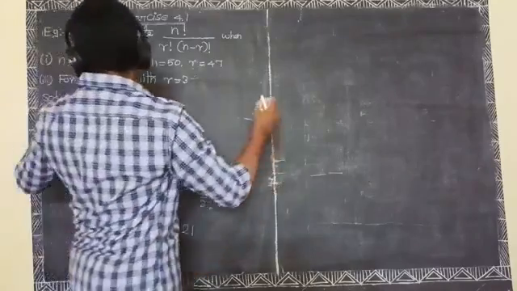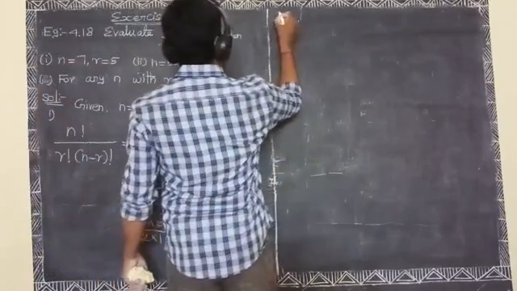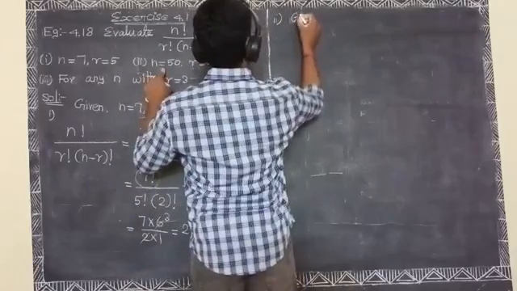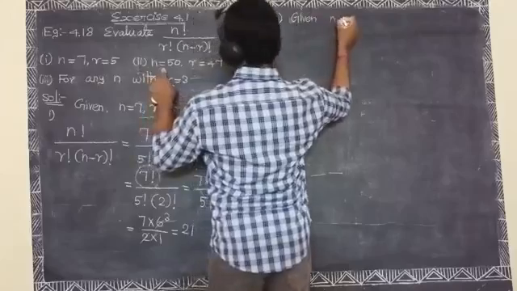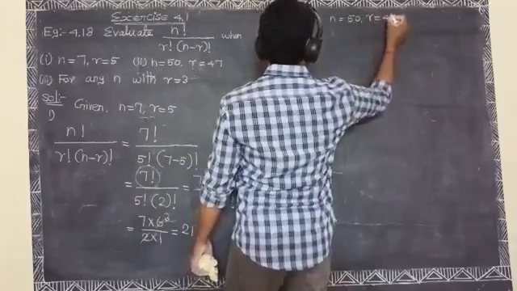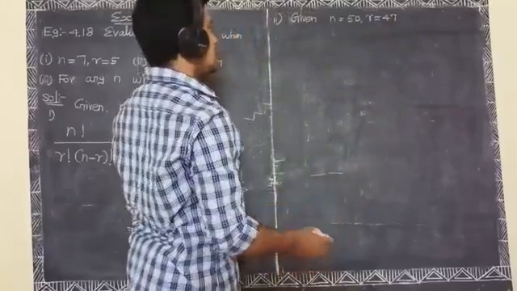Next, go to the second subdivision: given n = 50 and r = 47.